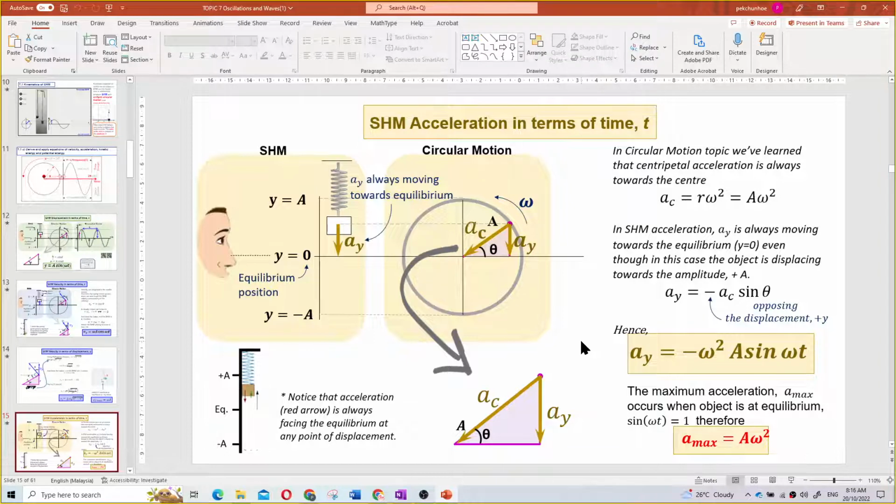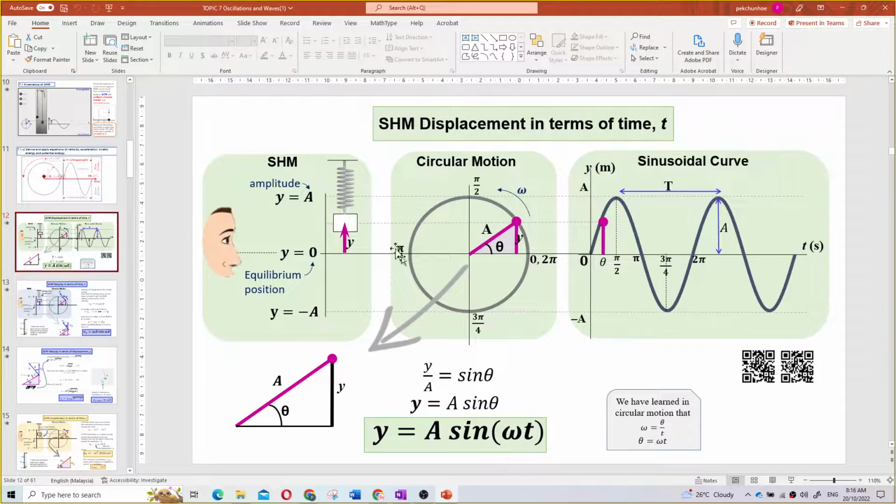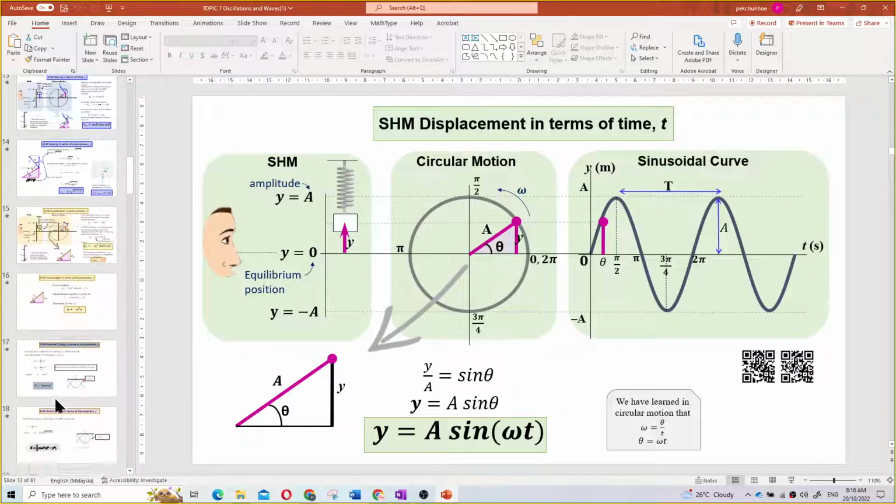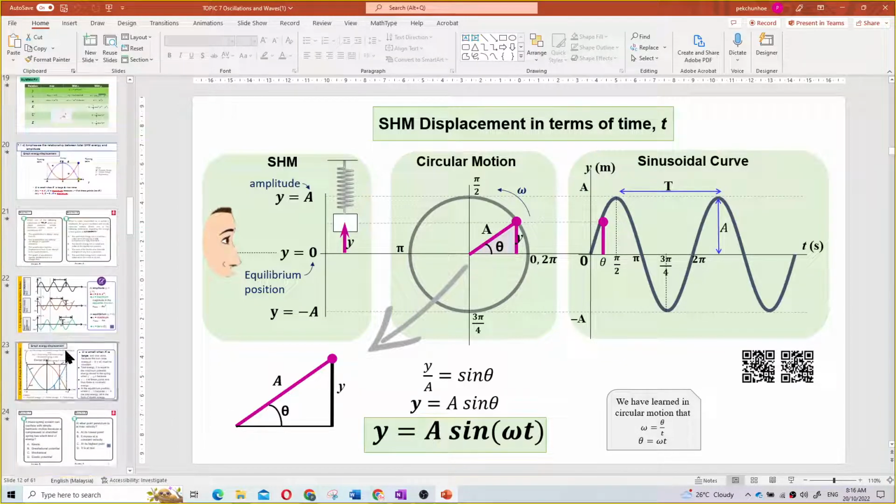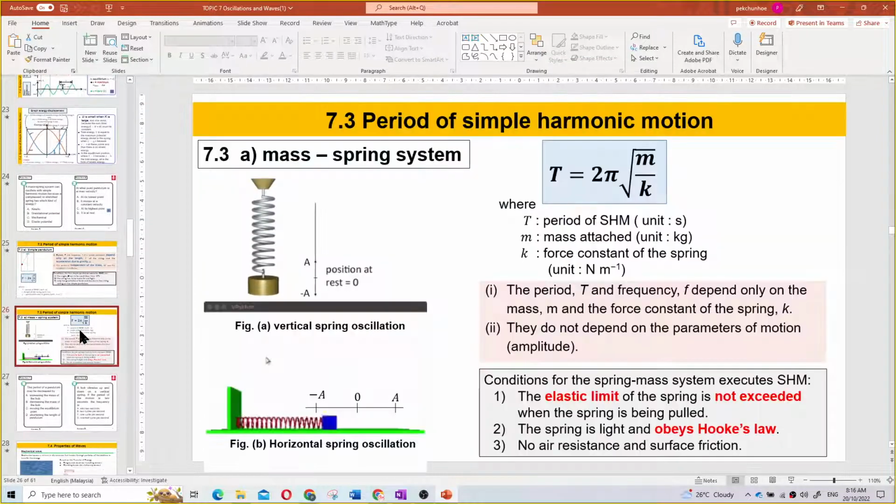Now, what if I want to talk about displacement? Let's say there is a row of atoms that oscillate at the same time, and then I want to describe the displacement of each of the atoms.